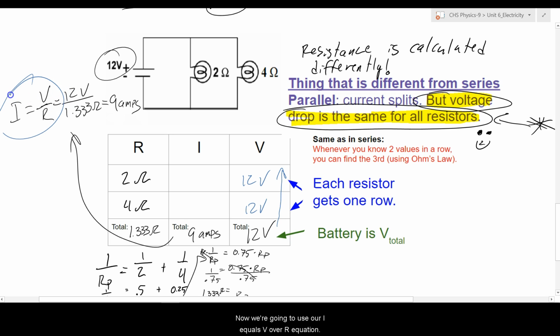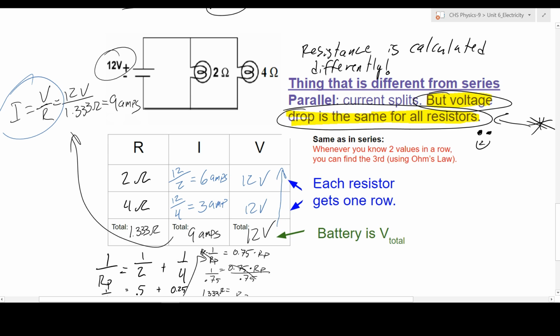So now we're going to use our I equals V over R equation. I am going to do 12 divided by 2, and it gets me 6 amps. And then I'm going to do 12 divided by 4, and that gets me my 3 amps.